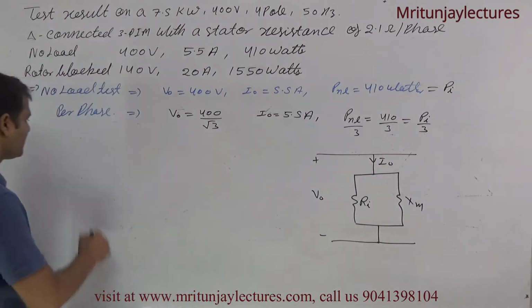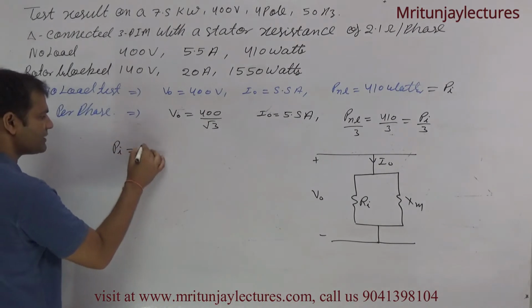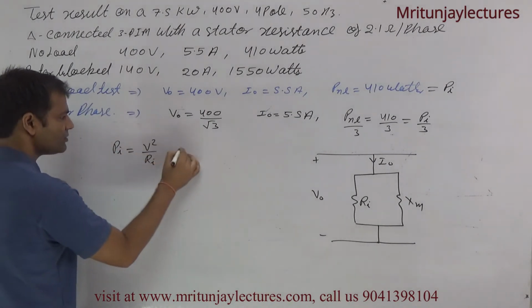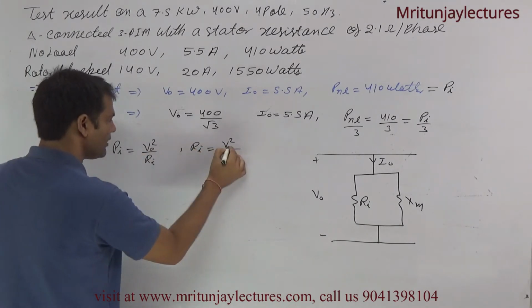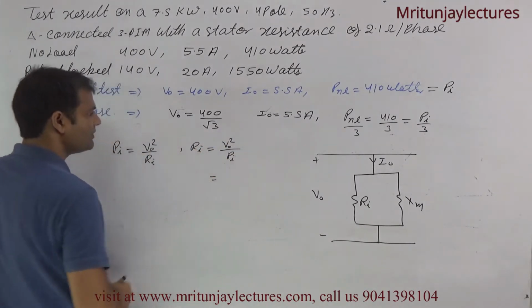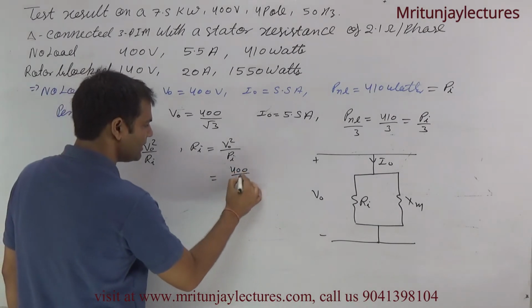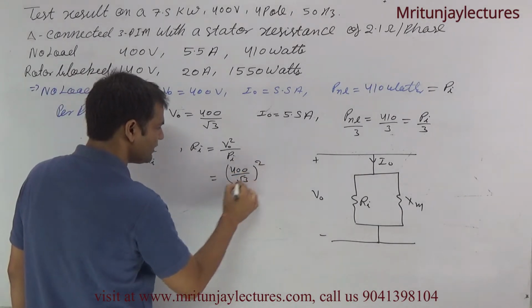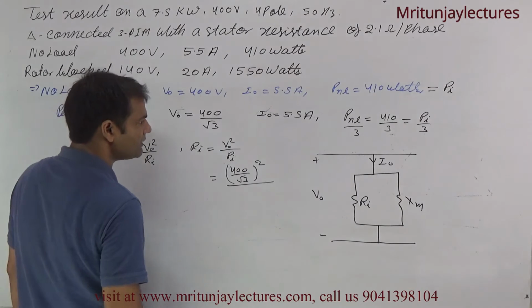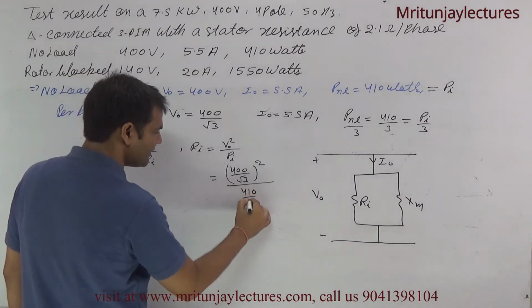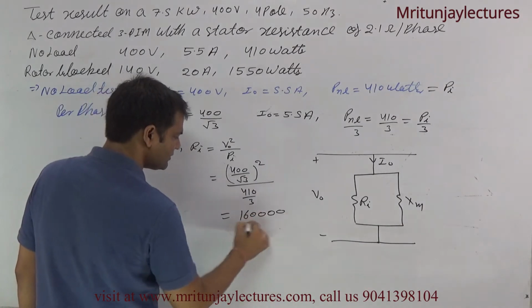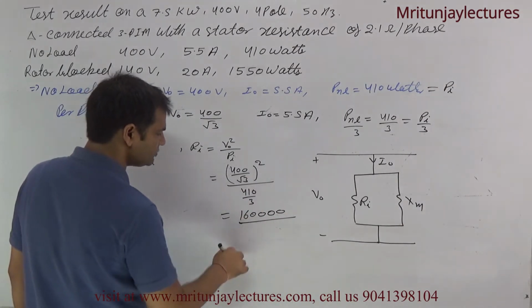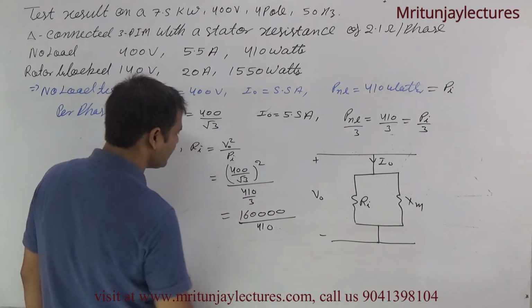Pi per phase is V squared by Ri, so Ri is equal to V0 squared upon Pi. V0 is 400 divided by √3 to the whole square, divided by Pi, 410 divided by 3, that is 1600 into 100 divided by 410.